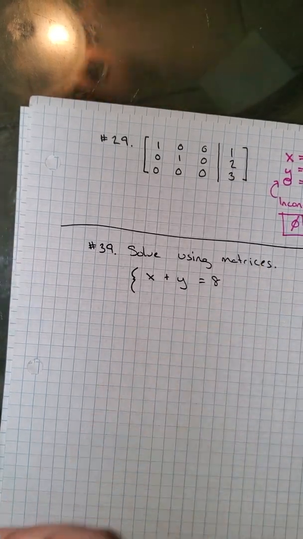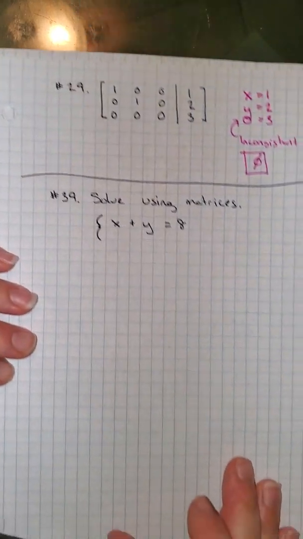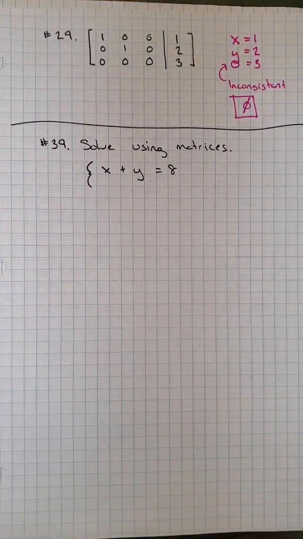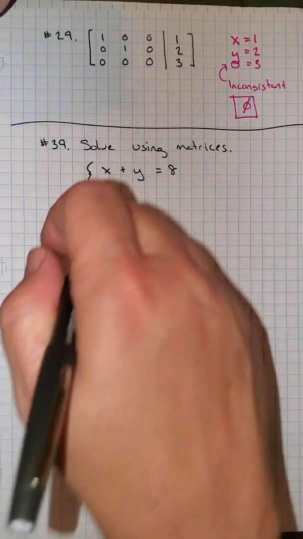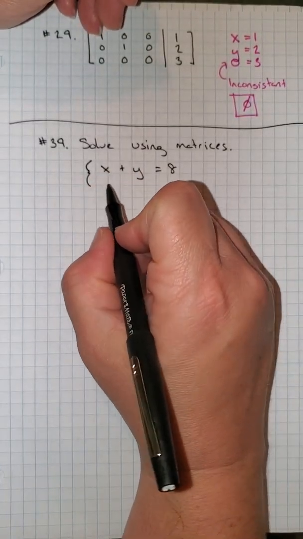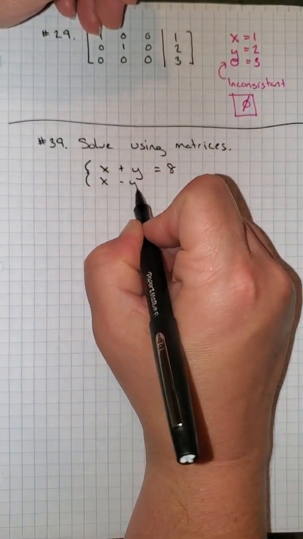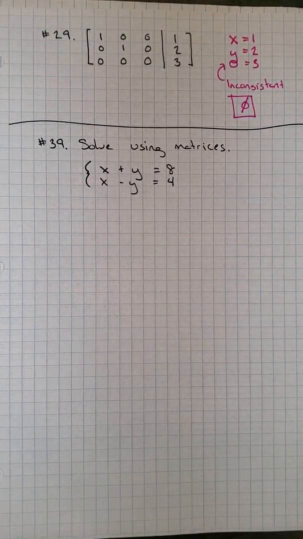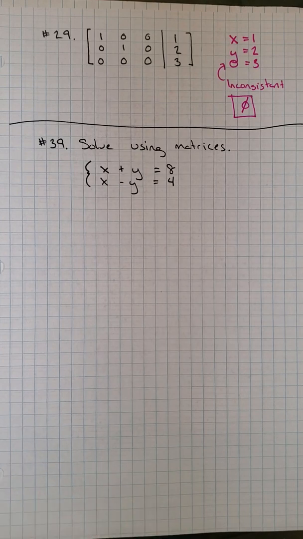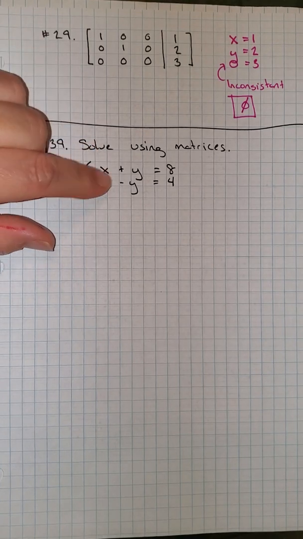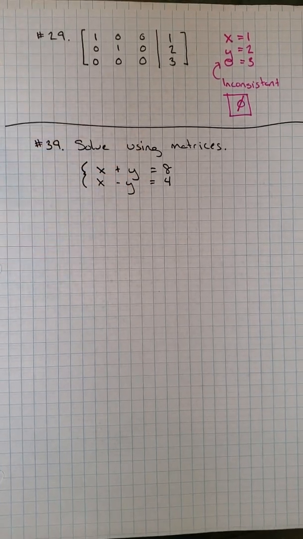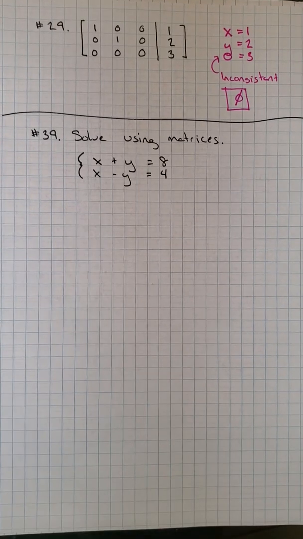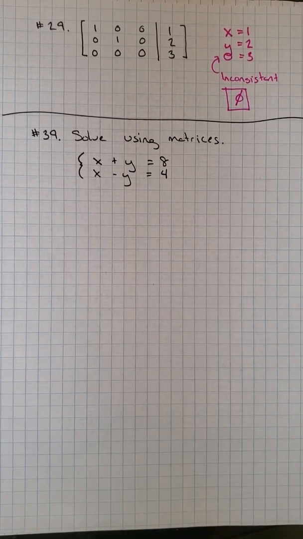And you will be able to use a calculator on this test in my courses also. Now this one wouldn't be bad to do as a regular system because you could add them together pretty nicely. If you add them together, you'd have 2x, these would cancel, equals 12. So if 2x is 12, x is 6. But the idea is that we're teaching how to use matrices.